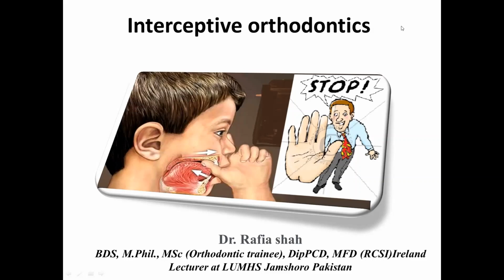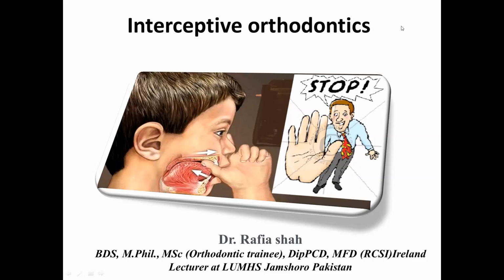It means that at an early stage, when the problem is developing, we intercept the orthodontic problem and try our best not to allow the malocclusion to reach a severe level. So we need to detect it as early as possible.